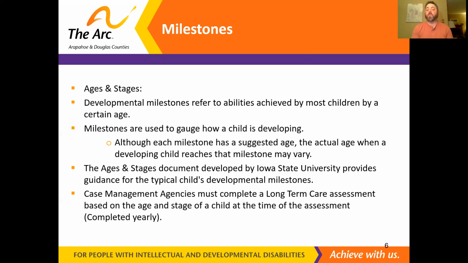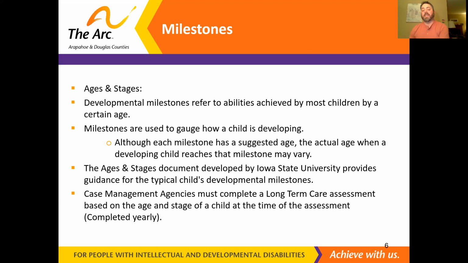So a typical 4 or 5-year-old could still be struggling with potty training. Not every kid is potty trained really early on. Some kids struggle with it. So that's not a sign that they have a disability, and we need to report that. That could still be looked at as an age milestone that they just haven't crossed yet.